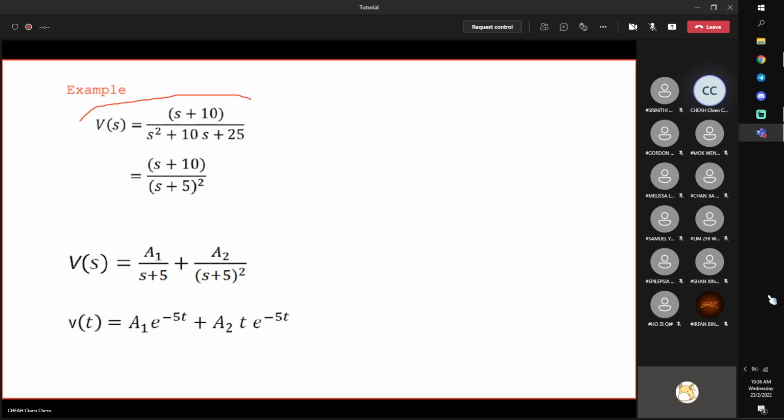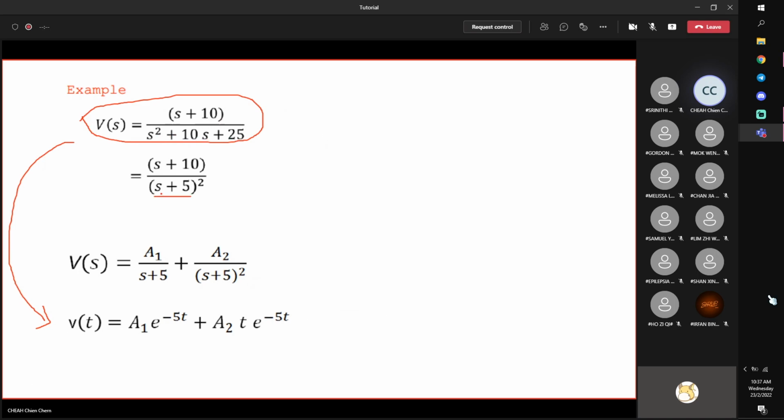If after you solve your circuits, you get this solution, right? Remember, in Laplace transformation you transform to the Laplace domain, you solve the circuits in the Laplace domain, then you get the solution. The only difference is that you have to take inverse Laplace transformations to get back the signals in time domain. If you get this one, then try to factorize s squared plus 10s plus 25.